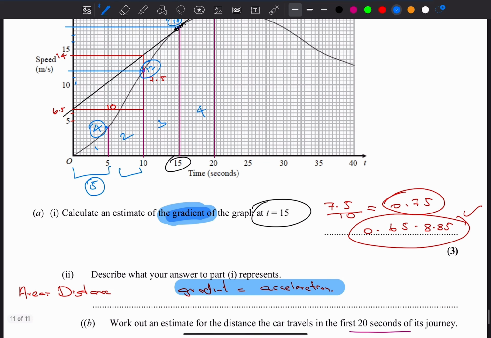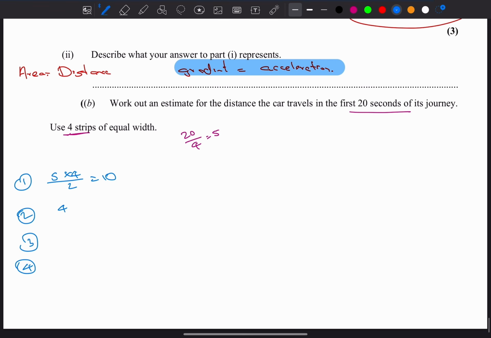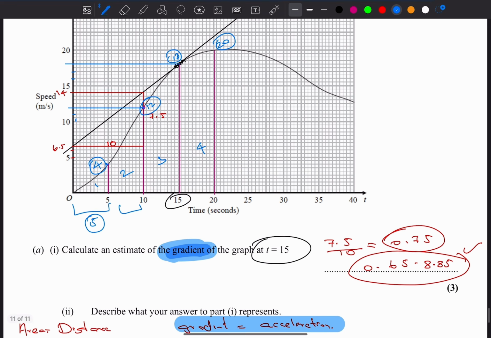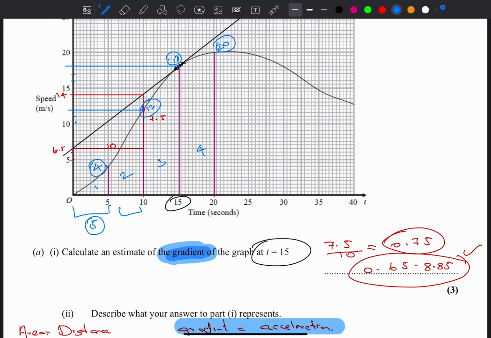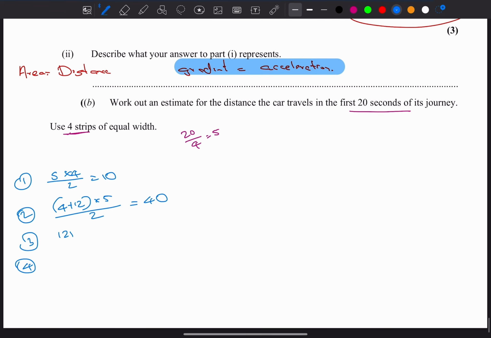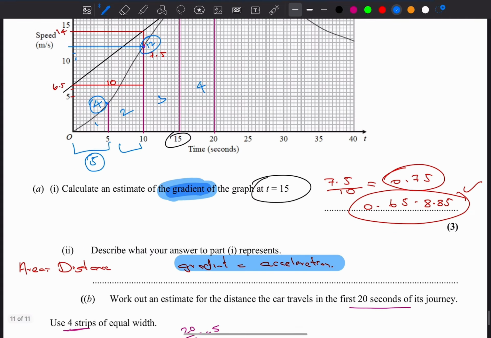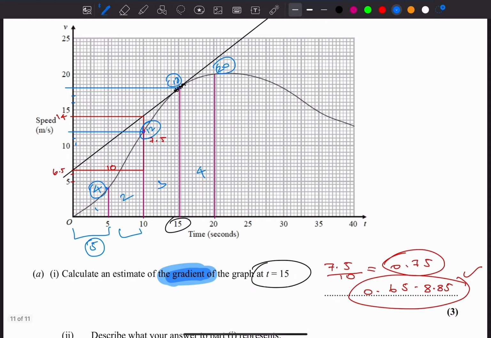Second box, the parallel sides are 4 and 12 because it's a trapezium, times the height, 5, divided by 2, which is 16 and 8, so 40. Next one is a parallel trapezium, 12 and 18, times the height 5 divided by 2. That makes 30, 15, 75.